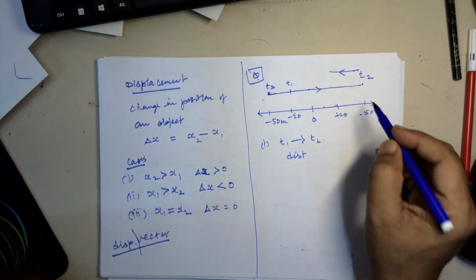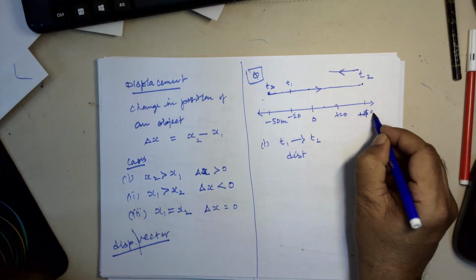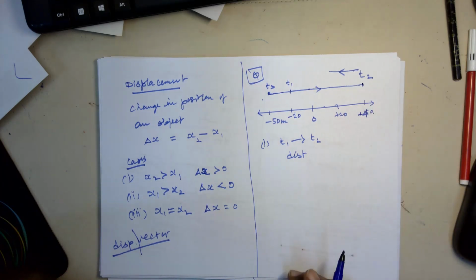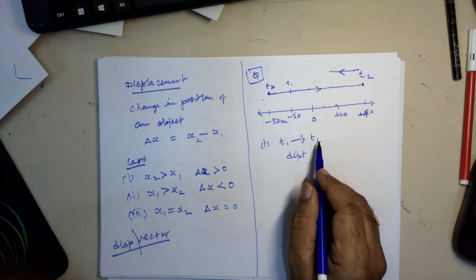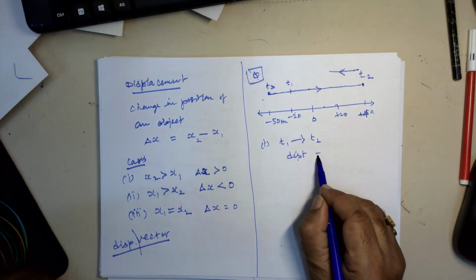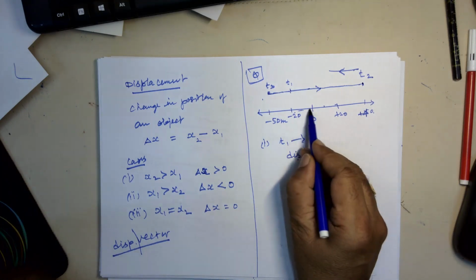It is indicated that when he reaches T2, it is plus 40. So here it is plus 40. Okay. From T1 to T2, the distance covered is equal to this 20, is it not?